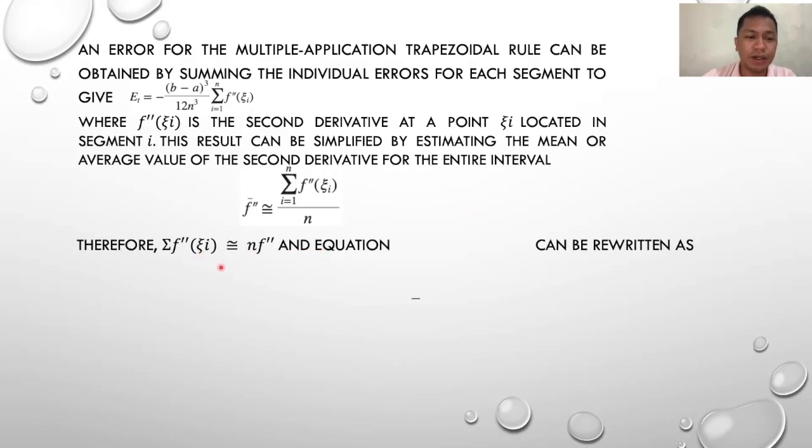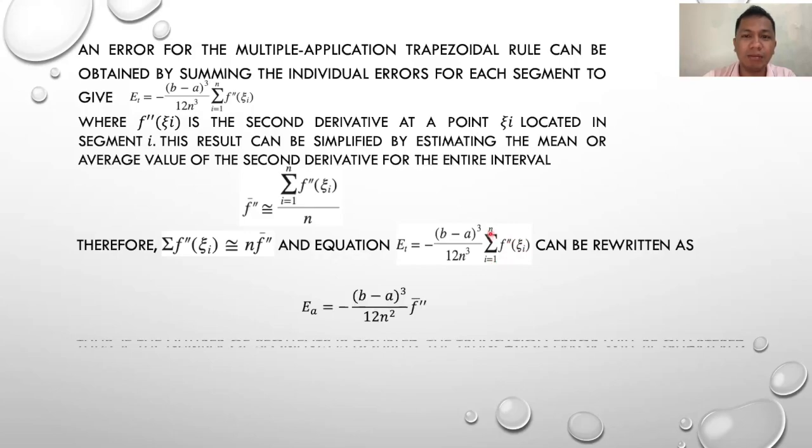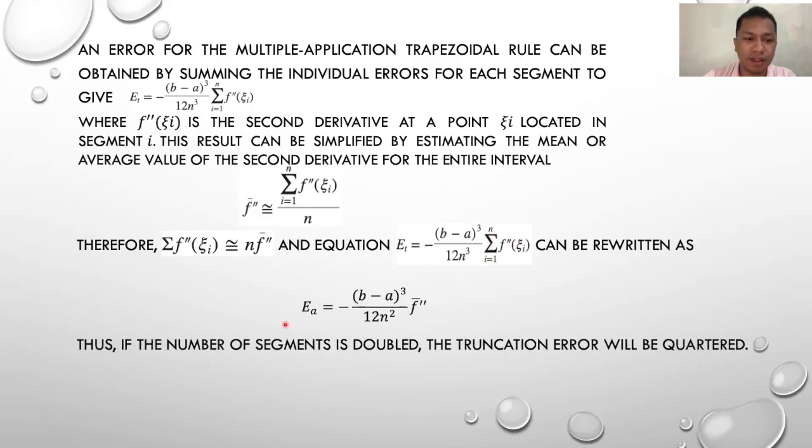So the summation of f double prime of xi is approximately equal to n times f bar double prime. The equation ET is equal to negative b minus a cubed over 12n cubed times the summation of f double prime of xi, when i is equal to 1 to n, can be rewritten as this.